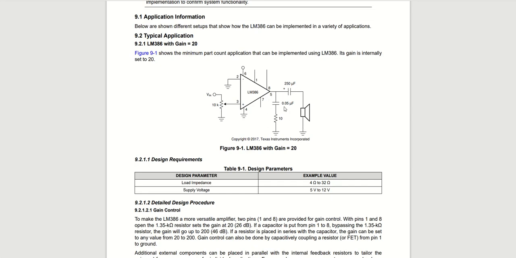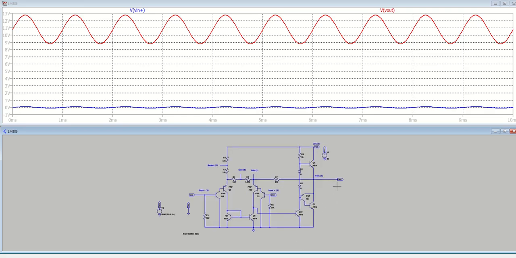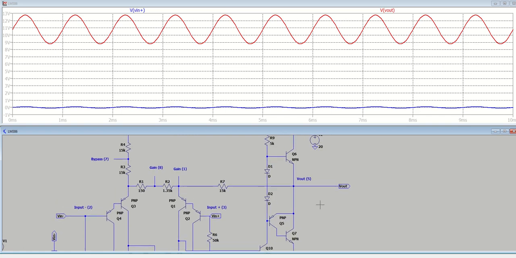And then there is a filter here, and you add a capacitor to the output, and then a speaker is usually around 8 ohms. So we know that the load impedance is going to be rather low. So let's go ahead and add those additional components and see if we can get that DC offset to come down.